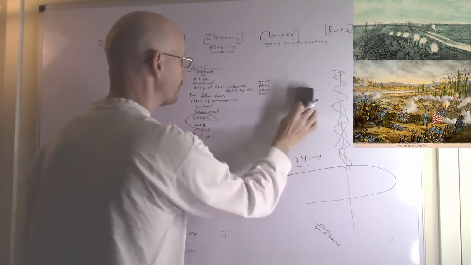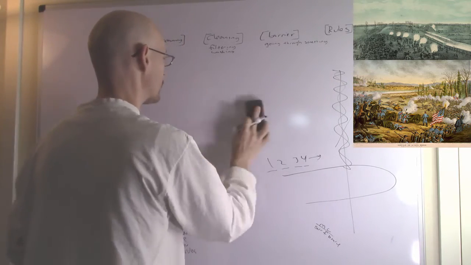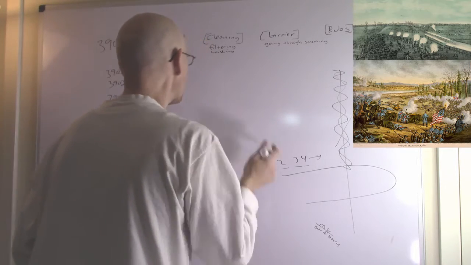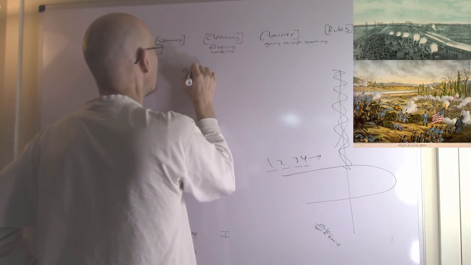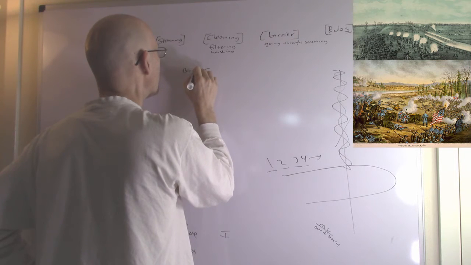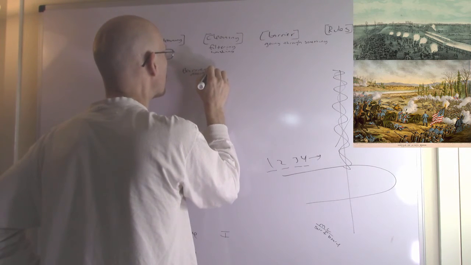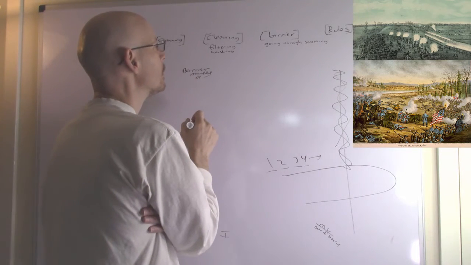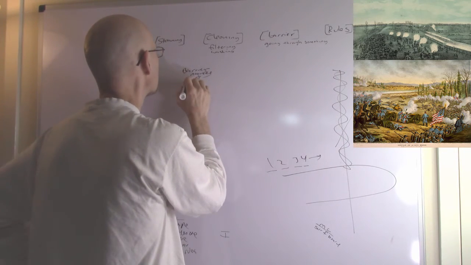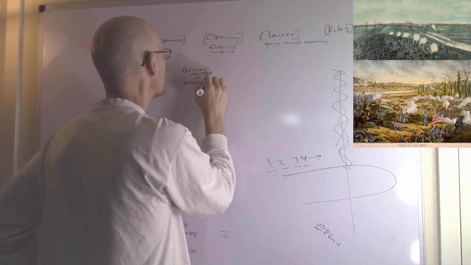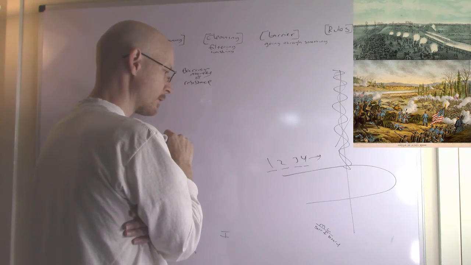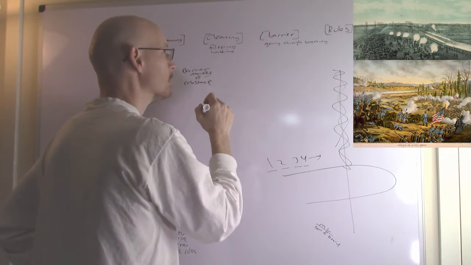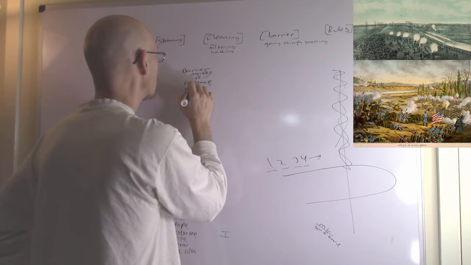All right, what about barrier? What are the attributes of a barrier? A barrier is a resistance. A barrier can keep you in or keep you out.